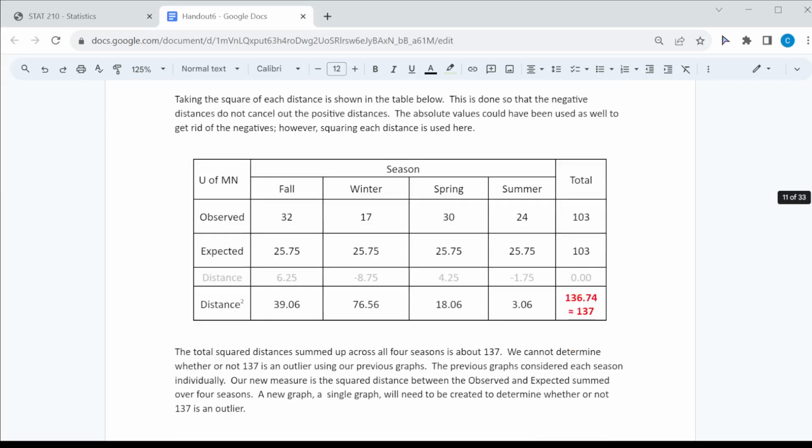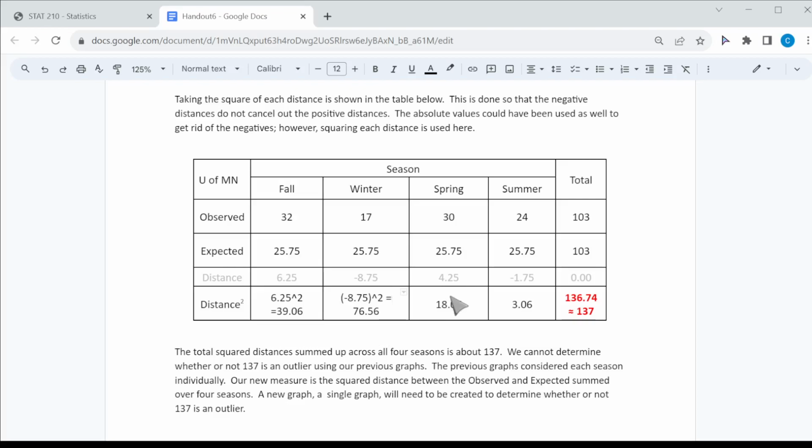So here are those distances: 6.25, negative 8.75, 4.25, negative 1.75. We're going to square each of those. This right here is just 6.25 squared. That's how I got that 39.06. This here is negative 8.75 squared, and that's where I'm getting that 76.